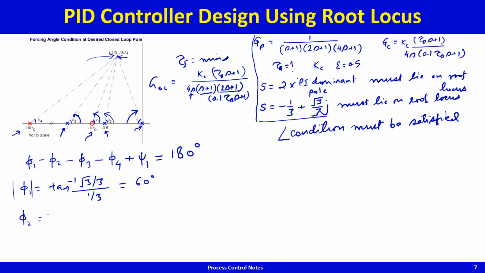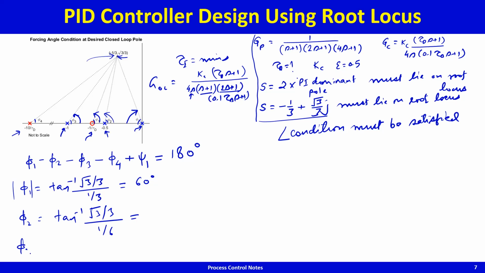Phi 2 would be tan inverse square root 3 by 3, but what will phi 2 be? Phi 2 would be 1 by 2 minus 1 by 3, which is actually 1 by 6. Now calculate that.